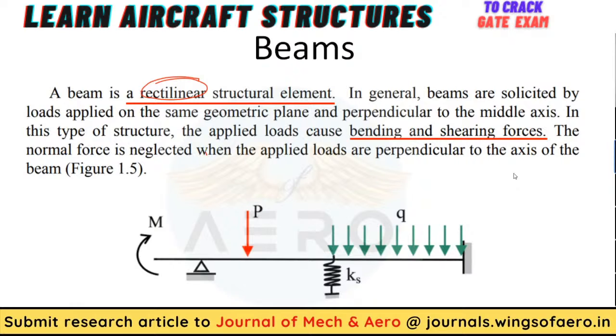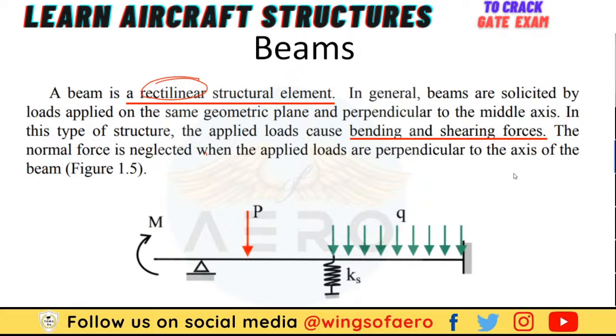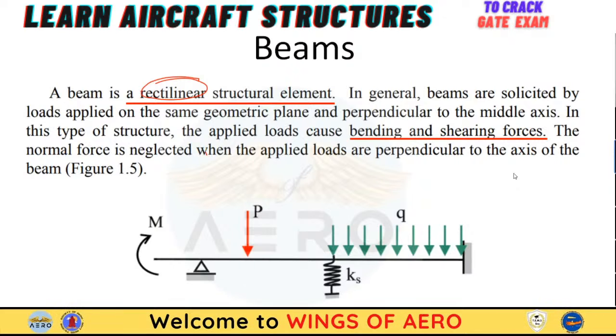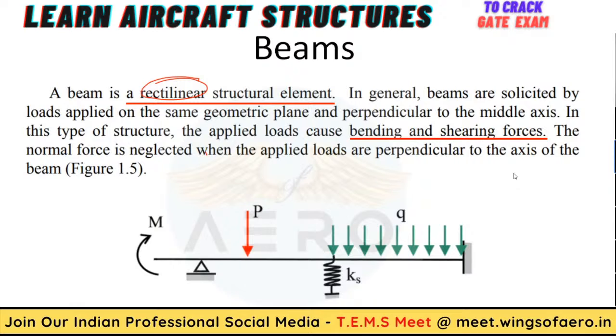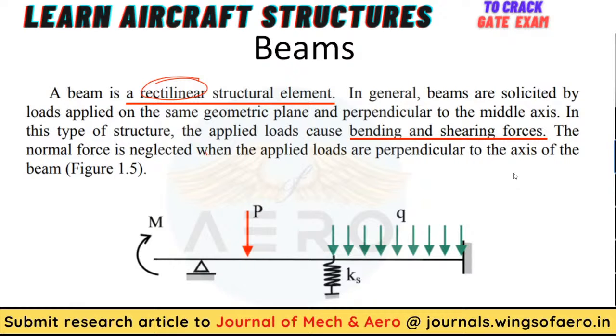Can anybody say about it? Ma'am, when we studied rectilinear motion, it's motion in a straight line. Exactly, something linear. And whatever the combination of members, that should be uniform and straight. Very good. So this is one of the vocabulary items that you can take away from this session.